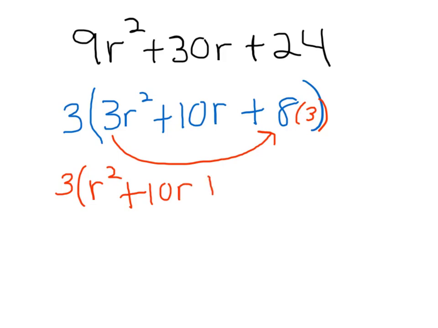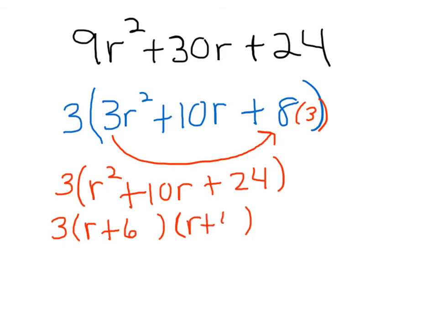And the last term becomes a 24. Now I keep the 3 on the outside, and I break the inside down to an r with an r. I'm looking for two numbers that multiply to 24, but add to get 10. Hopefully you're seeing a 6 and a 4 working in there. So I could put a plus 6 and a plus 4.